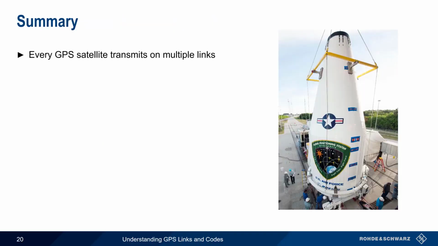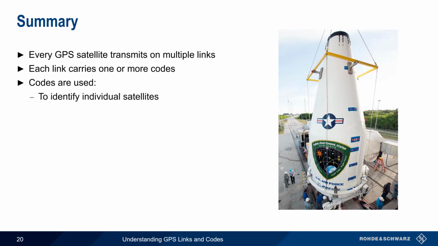So in summary, every GPS satellite transmits on multiple frequencies, or links, and each link carries at least one, but usually multiple, codes. Codes are used in two main ways. First, they identify the individual satellites, since each satellite transmits a unique code, and code delay is used to determine the range, or pseudo-range, to each satellite, which is what enables position determination.